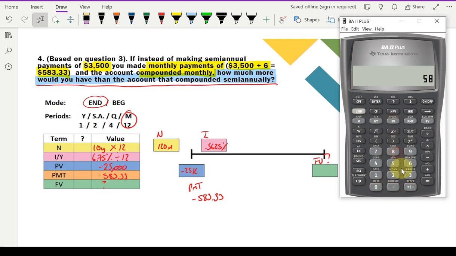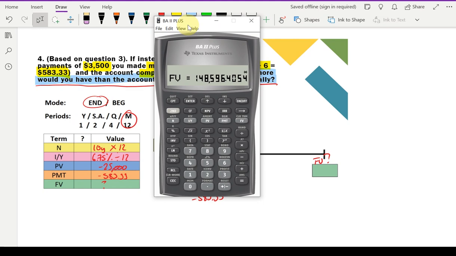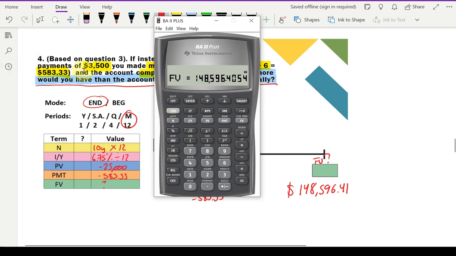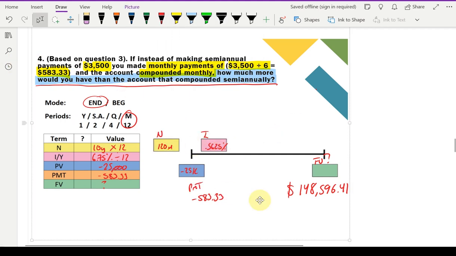Our payment is 583.33. And we're going to compute our future value. We have $148,596.41. That's what we are getting when we convert to monthly.